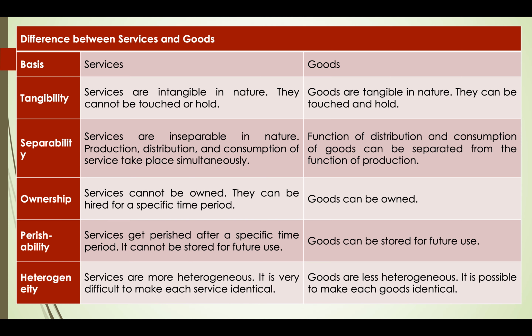The smartphone is a good, it can be touched, it can be held, so certainly the marketer can easily explain its features, show its images, and through the advertisement they can show its differences from its competitors. But when you talk about services, they are intangible, so it is very difficult to advertise a service. This is a kind of a challenge for the services as well.